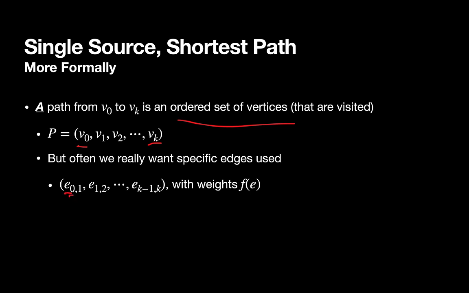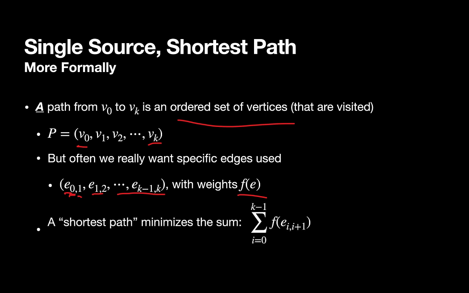So the first edge starts at vertex 0 and goes to vertex 1, and then vertex 1 to vertex 2, and so on and so forth. And these would have corresponding weights. So I'm going to assume we've got some sort of a function f of each edge that gives us the weight of that edge. So by shortest path, what we really mean is that we're minimizing this overall sum, the sum of all of the weights of the corresponding edges along the path. So this will become more concrete as we look at a specific problem.